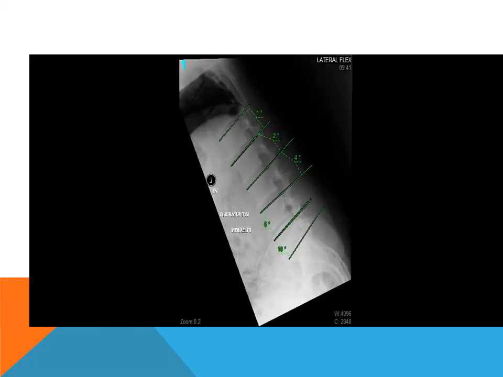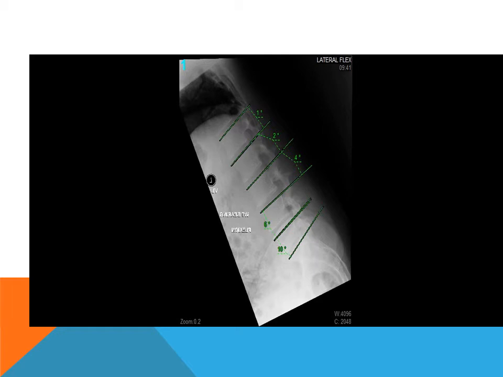So here, on the flexion film, I've now measured the intersegmental angles, and the first intersegmental angle here measures plus 1 degree, which indicates that the lumbar spine vertebrae are in a position of flexion. The next one, L2, L3, is plus 2 degrees.